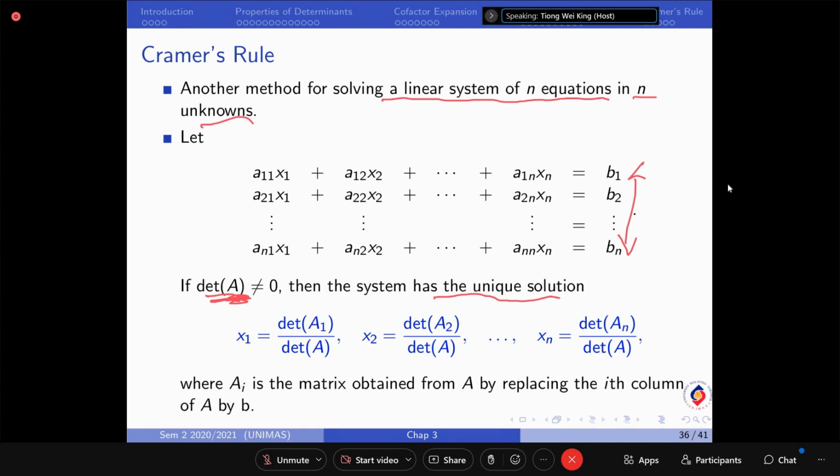So to find the value for each of the unknowns x1, x2, x3, and so on until xn, this is the formula.